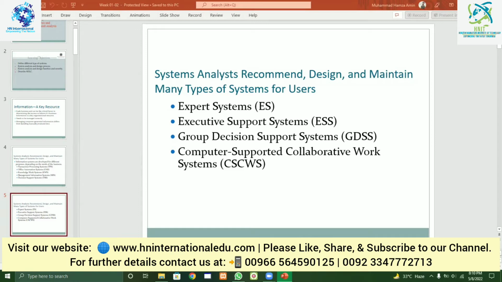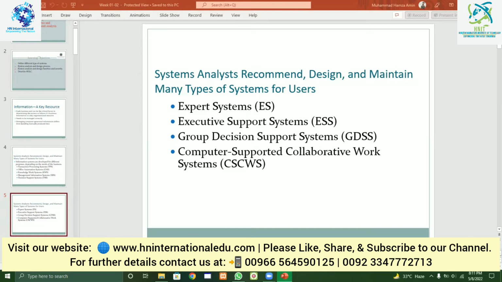So it is the best example of what a computer supported collaborative work system does. If you are going to build some type of artifact that can only be done with the help of 3D modeling, then you must have a 3D printer, right?